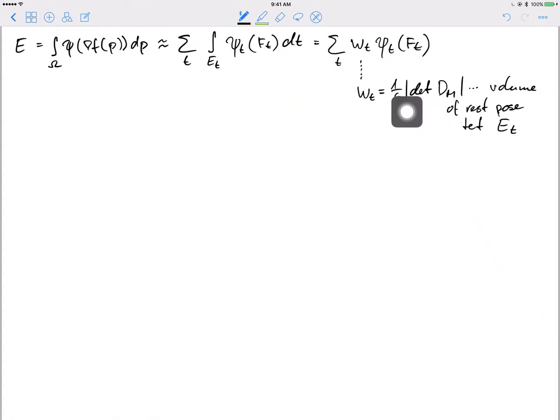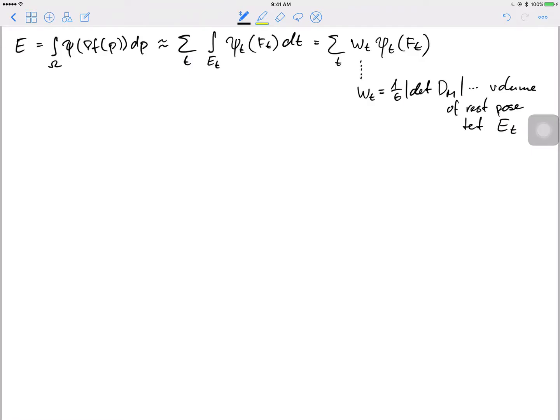You divide by 6 because you computed the volume of the parallelepiped, similar to the area of a triangle, except in 3D, okay? And this is because this value was constant, so this is just that constant value times the volume of that element. And that's basically it, okay?